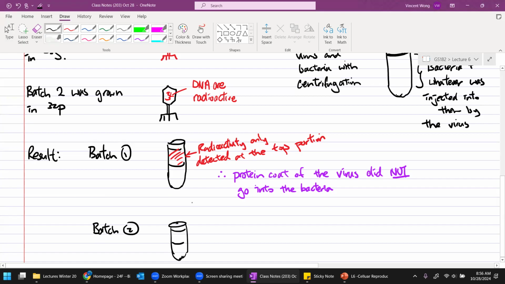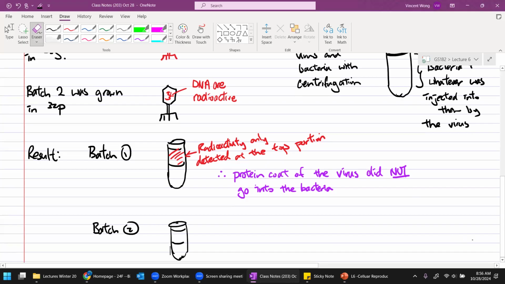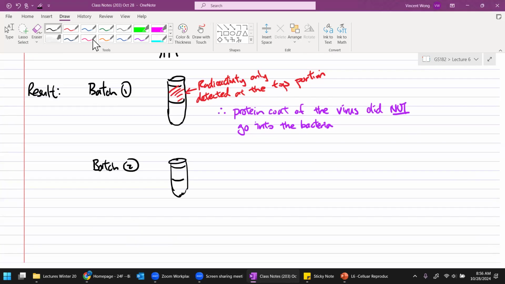So batch number 2, only the DNA are labeled. And this time, they found the radioactivity at the bottom.